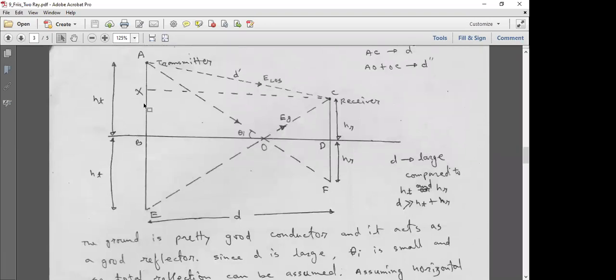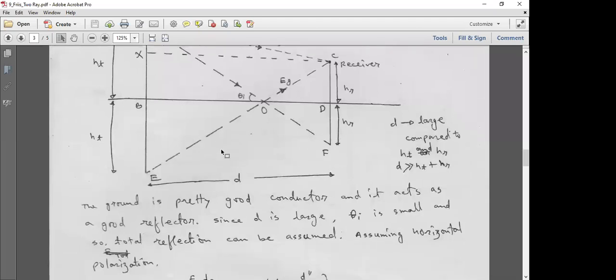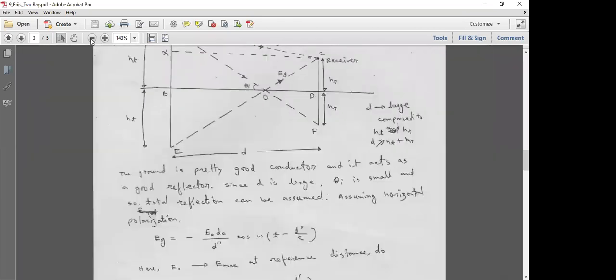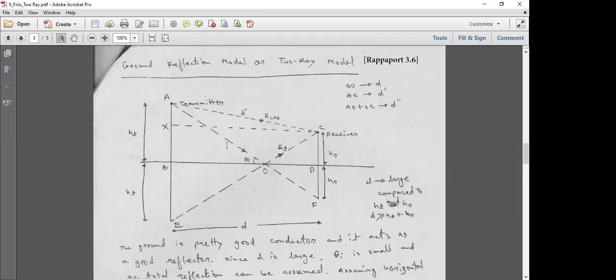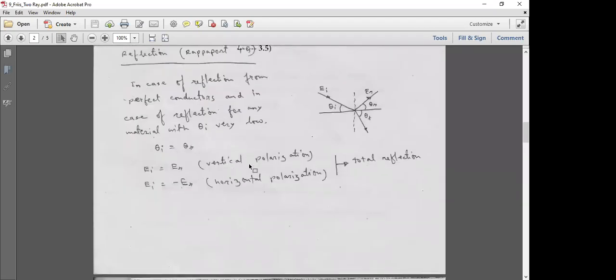An image, let's consider here below the ground plane. And also we mark a point X with a height HR on the transmitting side. So we have a triangle with a right angle here. We consider that this assumption is true there; we have a small angle of incidence.